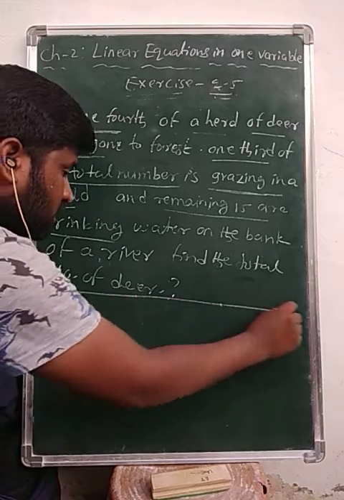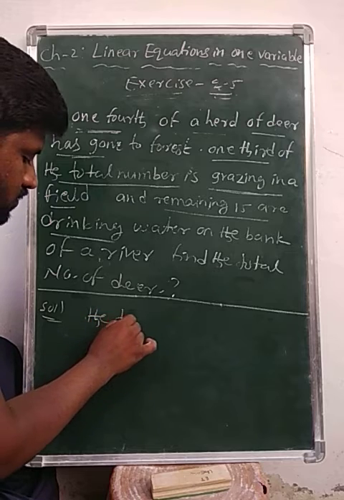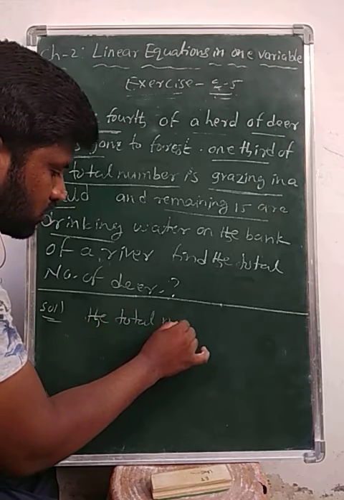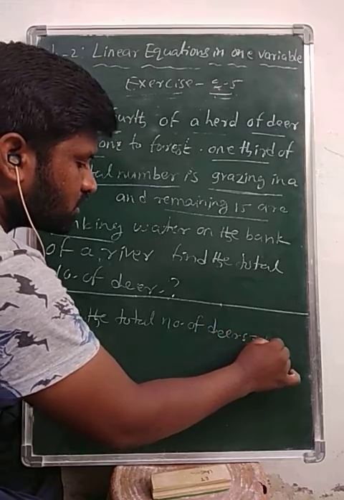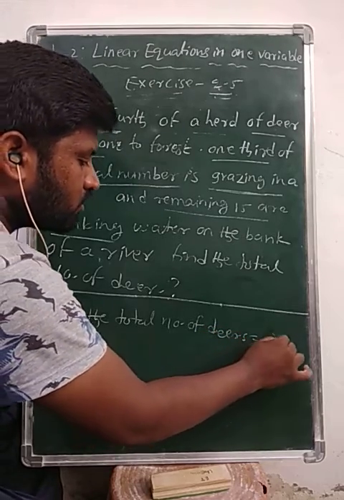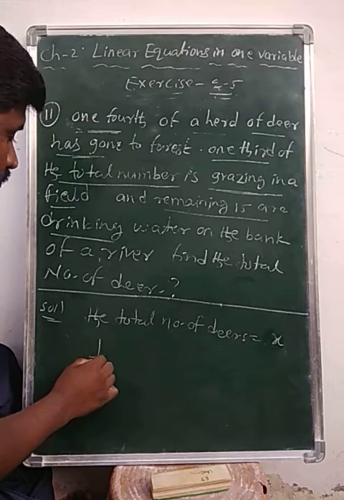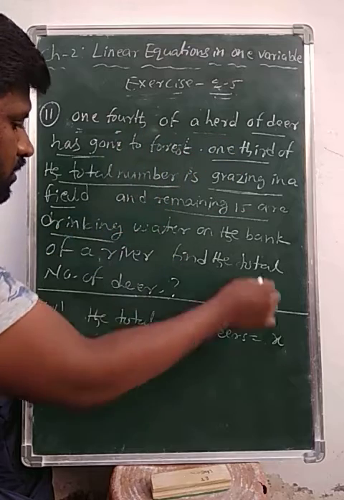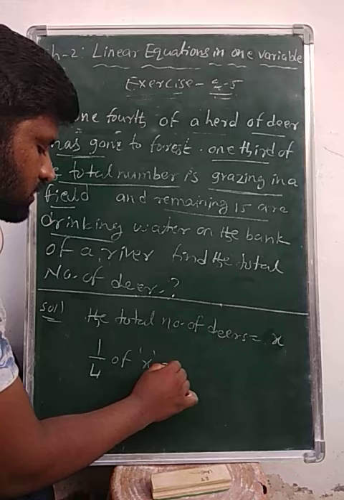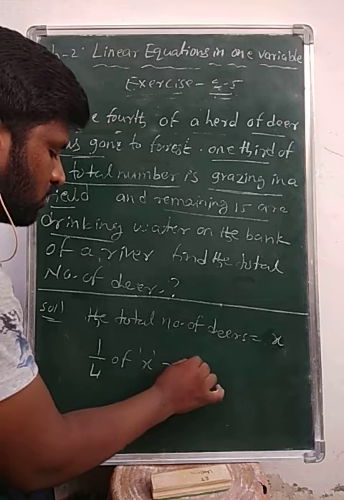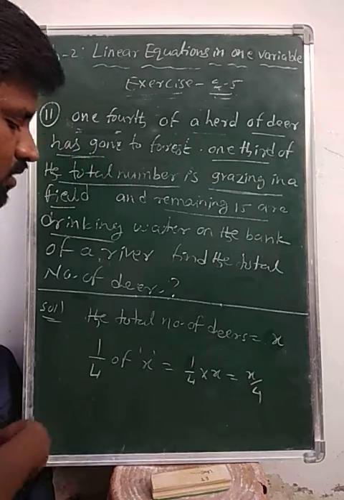That's why what I am doing here, the total number of deers is equals to x. We don't know now, that's why x. So 1/4 of the total number of deers, that is 1/4 of x, that is equals to 1/4 into x, that is equals to x by 4.